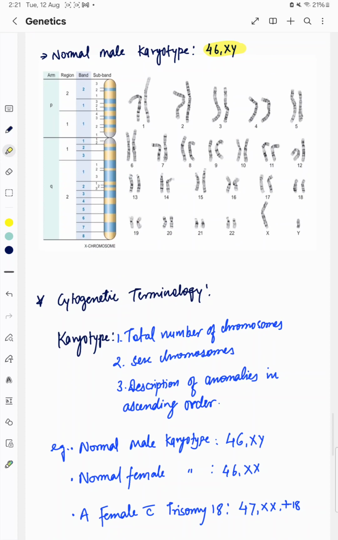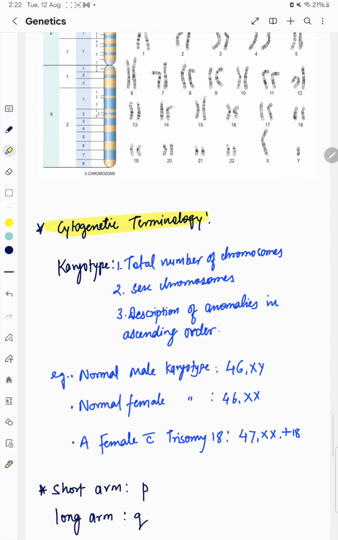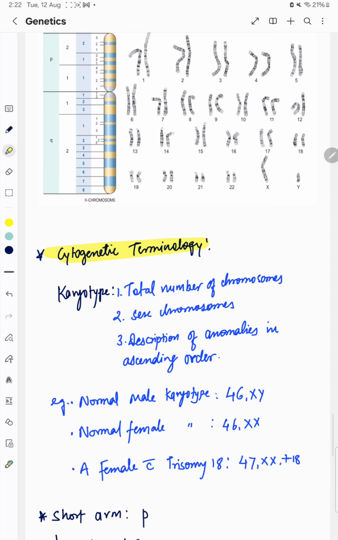Now we should understand certain cytogenetic terminology before understanding the chromosomal disorder. In a karyotype, first we write the total number of chromosomes, then we write the sex chromosomes. After the sex chromosomes, we write the description of anomalies in ascending order.